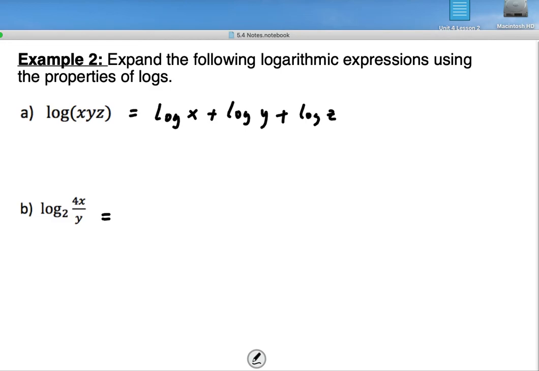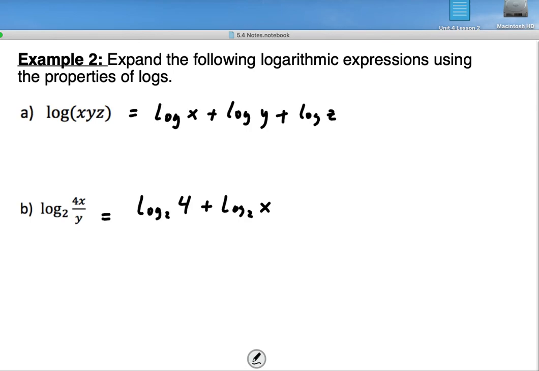Notice up there in the numerator, you have 4 times x. So we've got log base 2 of 4, and that's 4 times x, so now we're going to write another one, plus log base 2 of x. And then notice down the denominator, we have some division going on there, so it's divided by y.